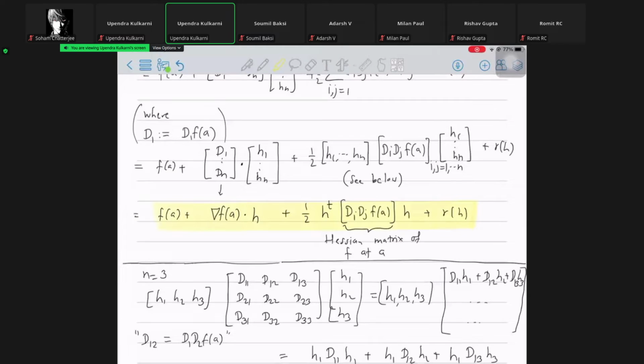We want to show that the value of f of a is a local maximum or minimum.